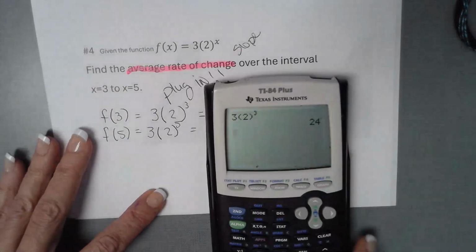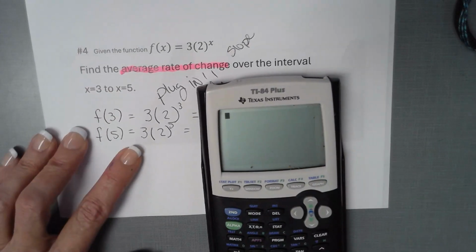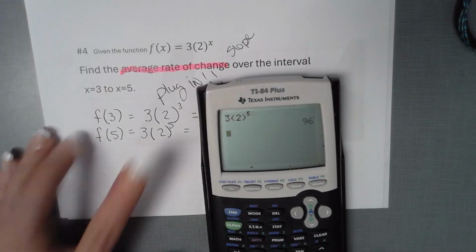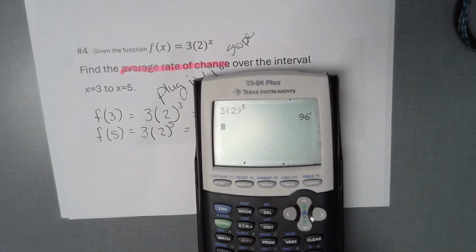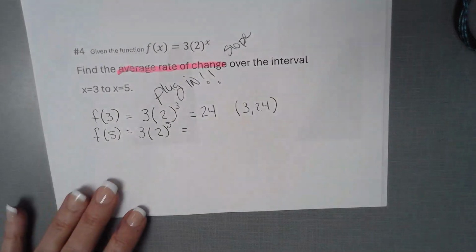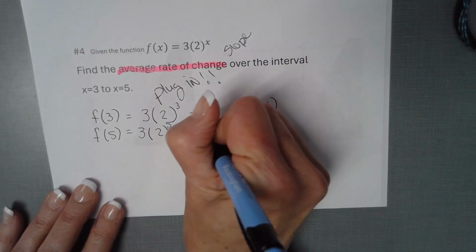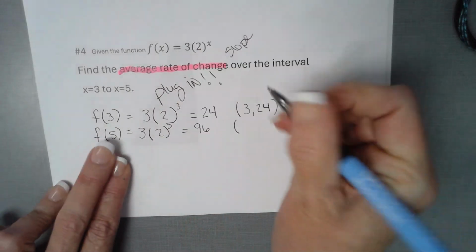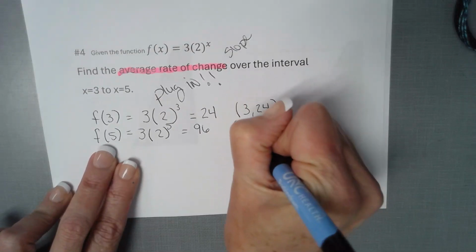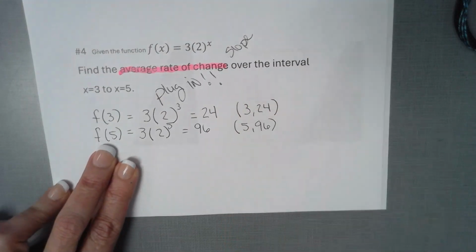Okay, so I'm going to go to my calculator. 3(2), close the parenthesis, caret key 5, and I get 96. So I just created an ordered pair for this function. It's the ordered pair (5, 96).